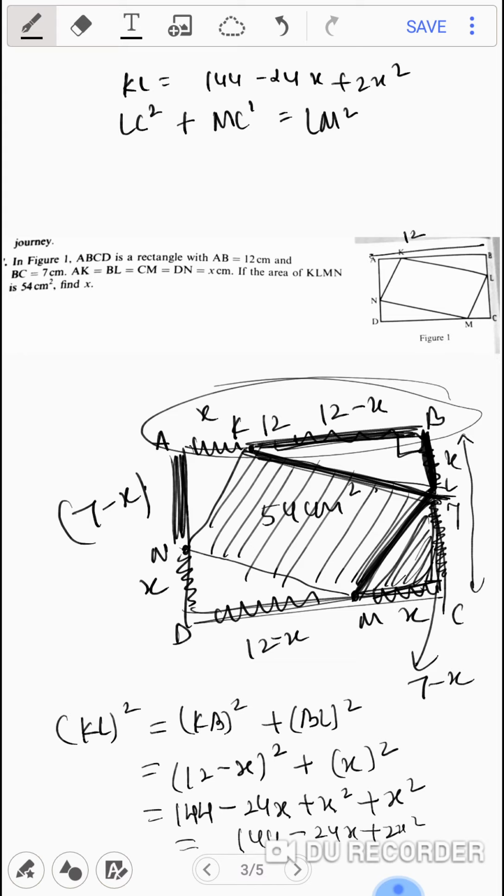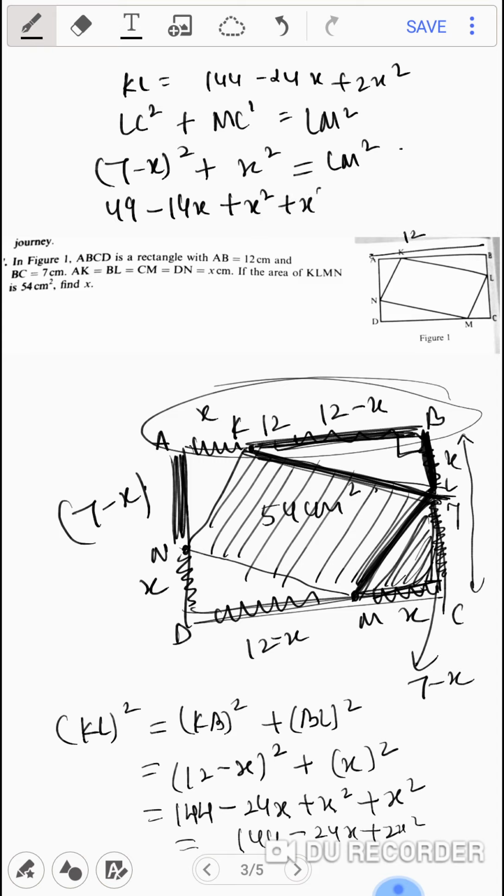LC is 7 minus x, so 7 minus x the whole square, plus MC is x, so x square, will be equal to LM square. That will be 49 minus 14x plus x square is equal to LM square. Yes, my dear kids, and that will be 49 minus 14x plus 2x square, that is LM square.